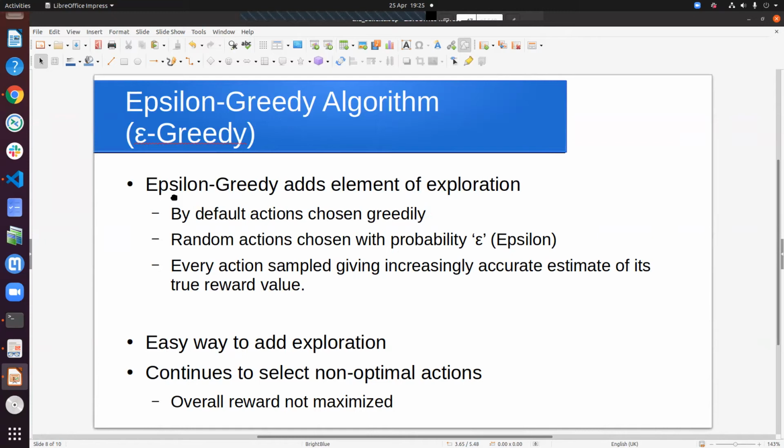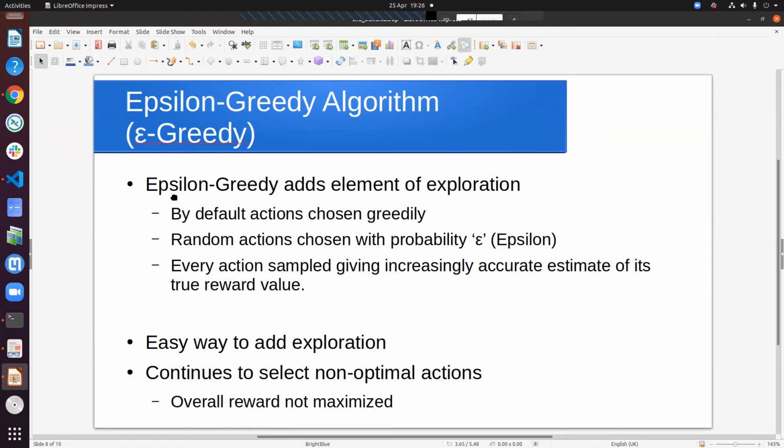On a regular time step, the default action is just to choose greedily, to pick the one that you have so far which has the highest return. And then with epsilon probability, you would choose one of the others. The point is that if you decide not to choose the greedy action, then you choose randomly across all of the other ones.